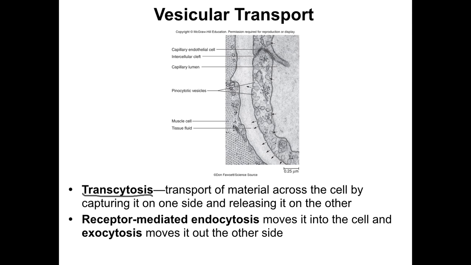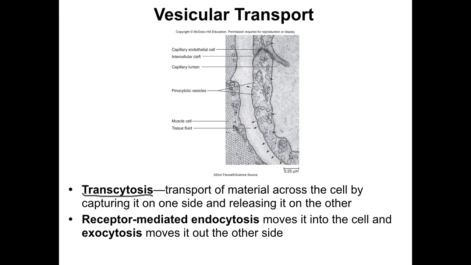So those vesicles that were just endocytosed over here just cross the cell and then are exocytosed onto the other side. The only things that can get through are those things that bind to the receptor and get endocytosed. This process of endocytosis, transporting the vesicle across the cell, and then exocytosis is called transcytosis.